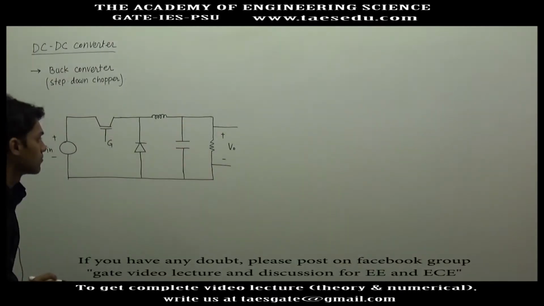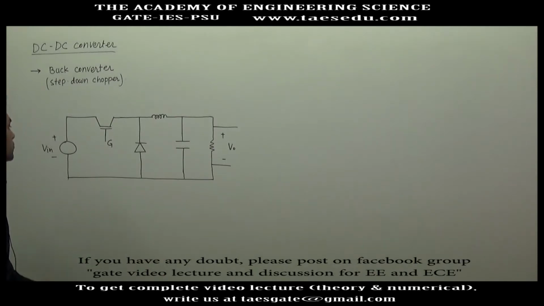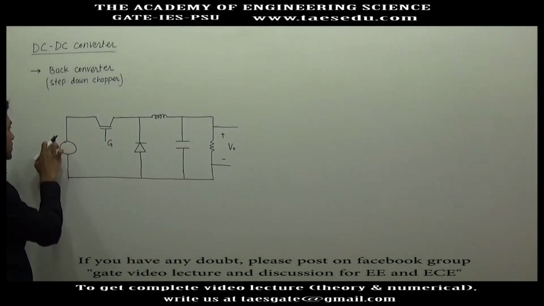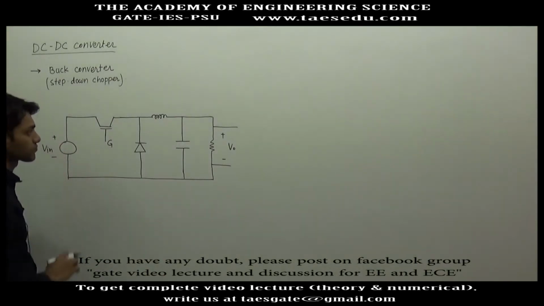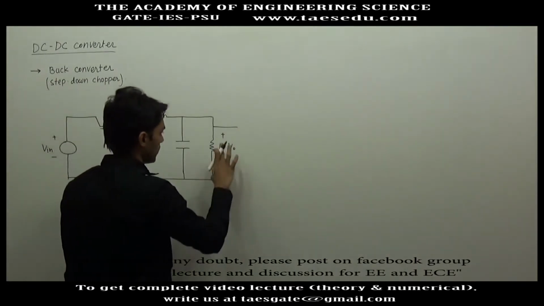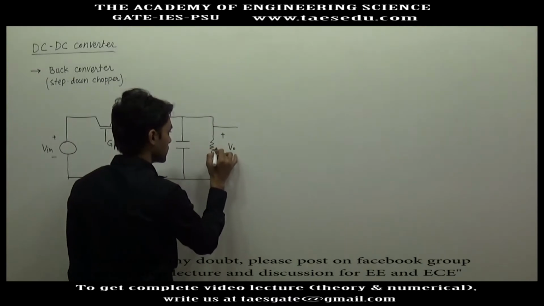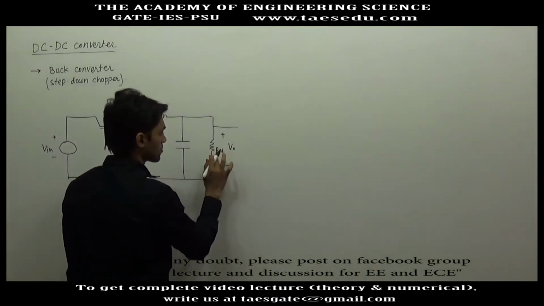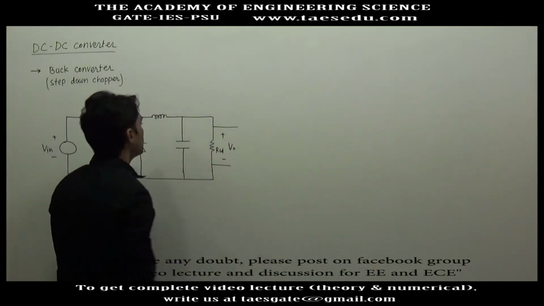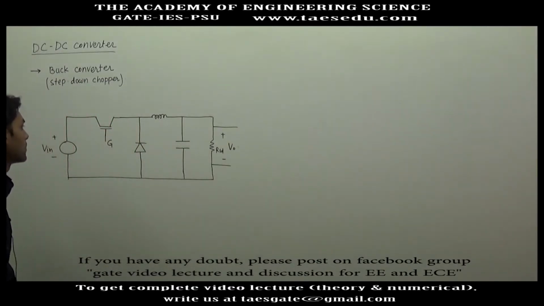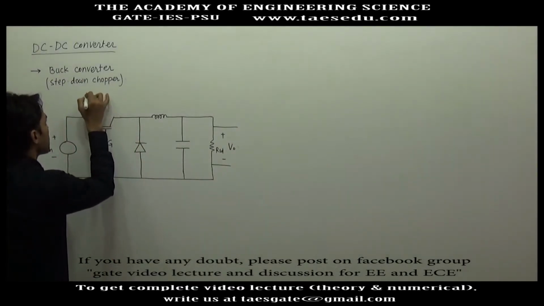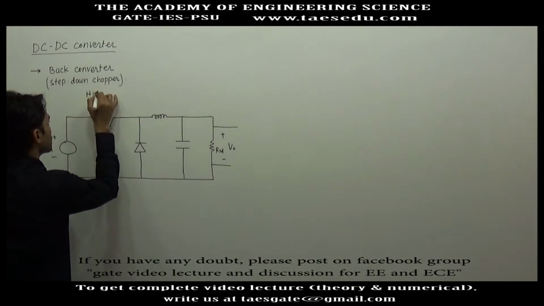This is the circuit diagram for a step down chopper, where we have DC input voltage and a parallel RC load, or let's say this is load resistance. Across load resistance the output is taken. This is a controlled switch, a high frequency controlled switch.